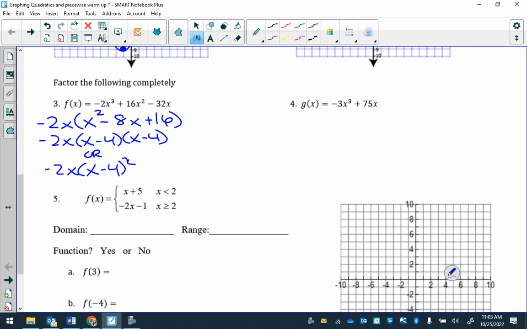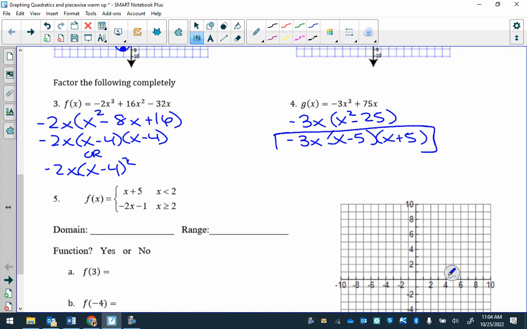Okay. How about number 4? Julia? Good. And here we are just factoring completely.